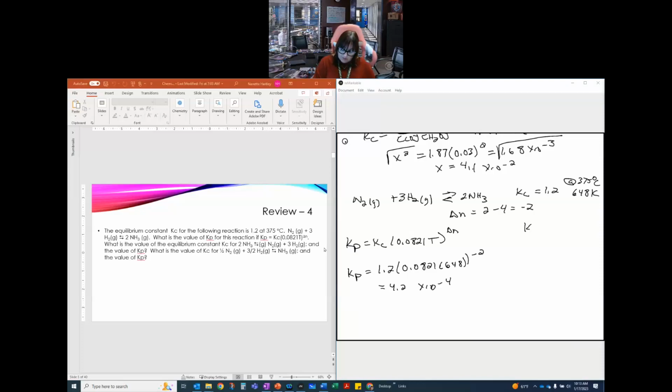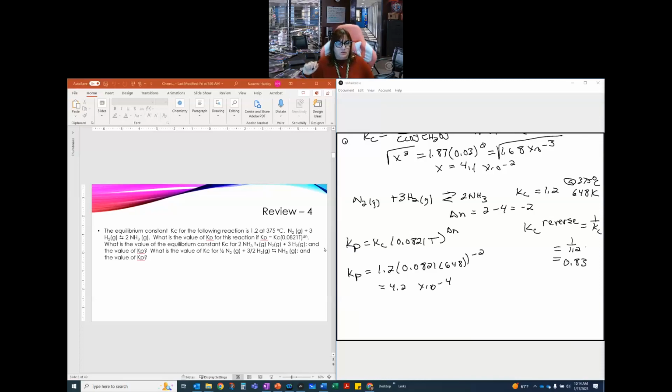Kc for the reverse equals 1 over the Kc for the forward. That's equal to 1 over 1.2, which is 0.83. Okay, so that's that one.